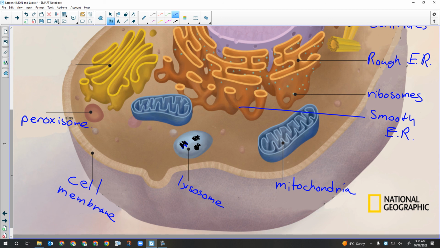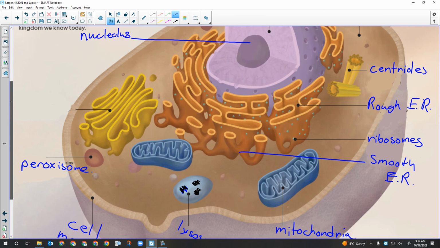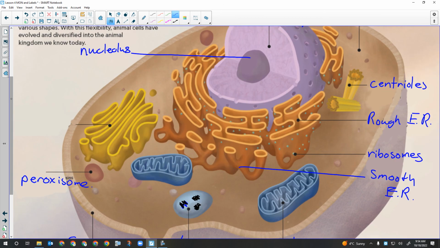It will become a lysosome once it merges with a food vacuole. Once it comes in contact with some food material and digestion begins, a peroxisome becomes a lysosome. And then the yellow thing, Golgi apparatus.